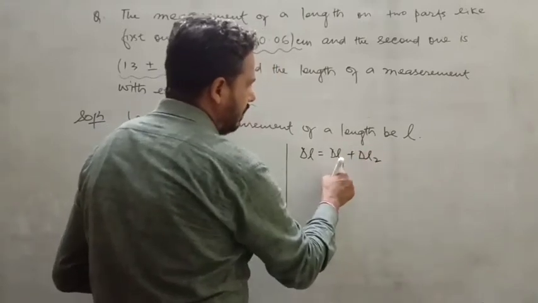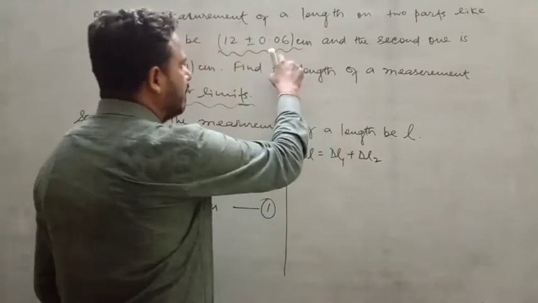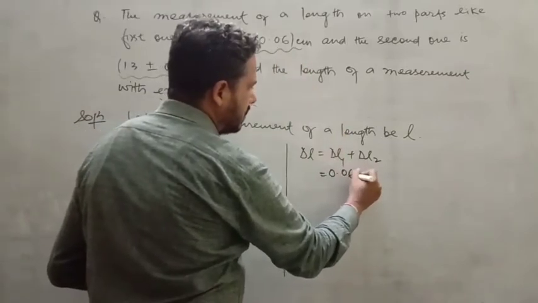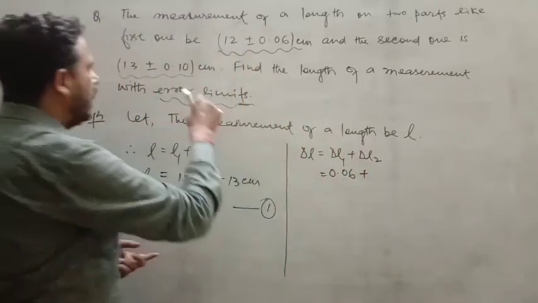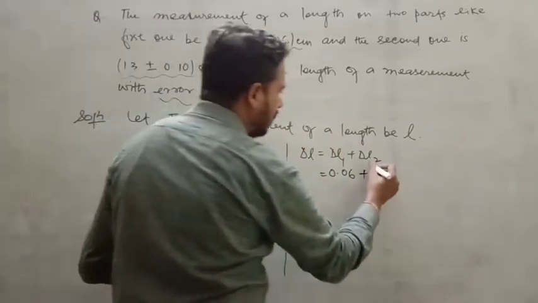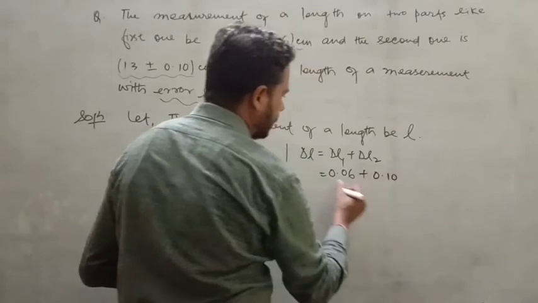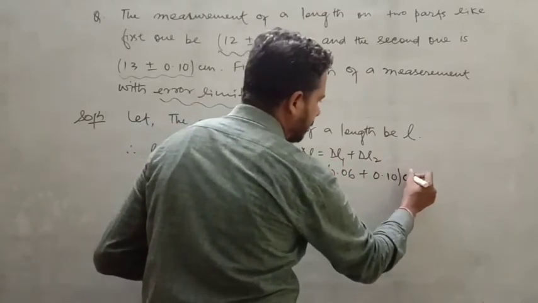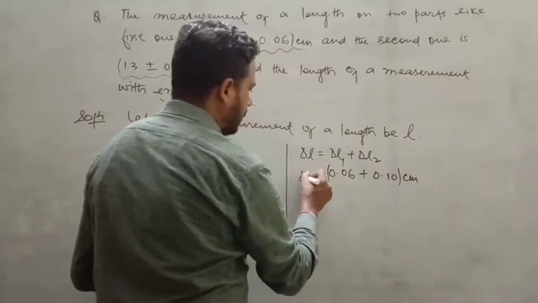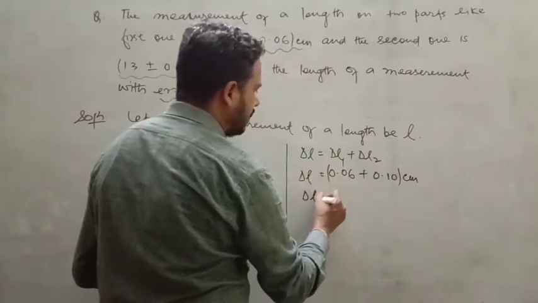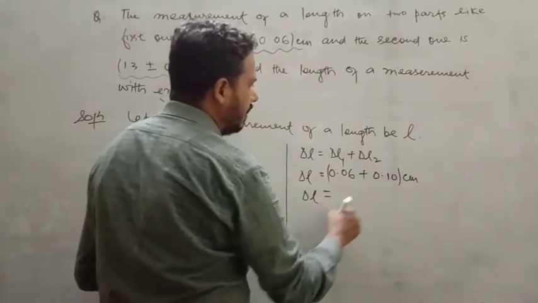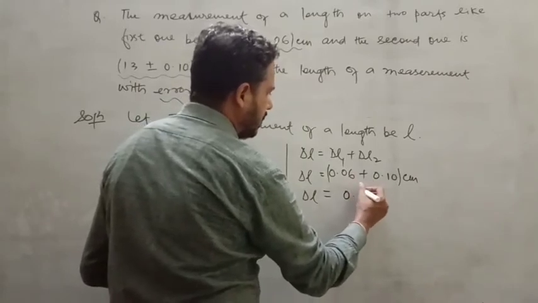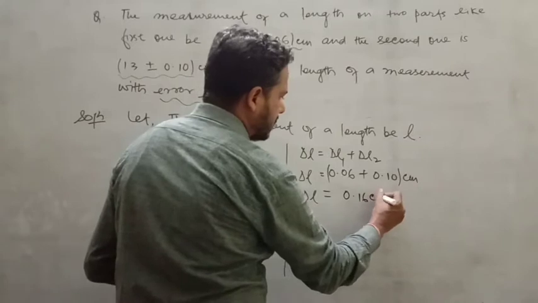Delta L1 is your absolute error for the first measurement, 0.06, plus delta L2, which is 0.10 from the second measurement, in centimeter. So your absolute error delta L, you just take a sum, is 0.16 centimeter.